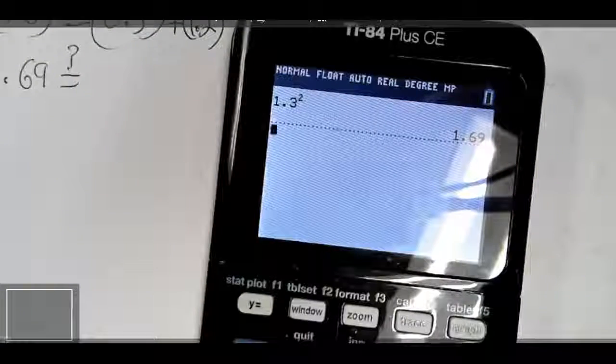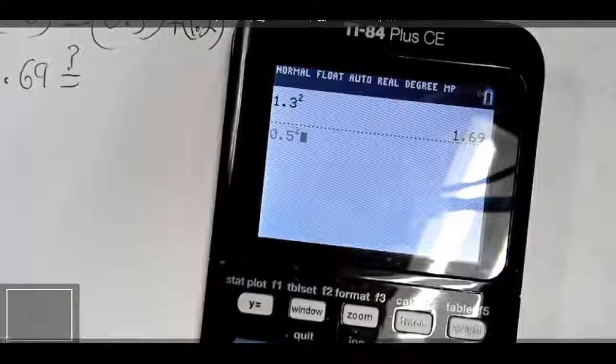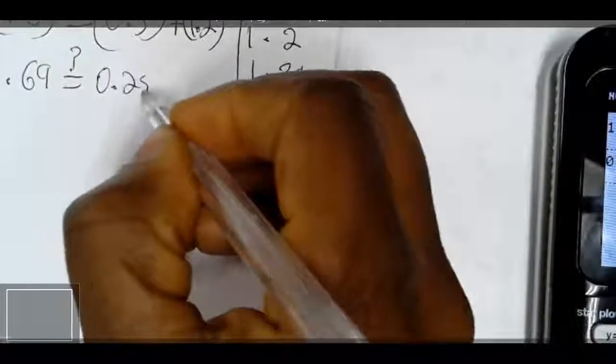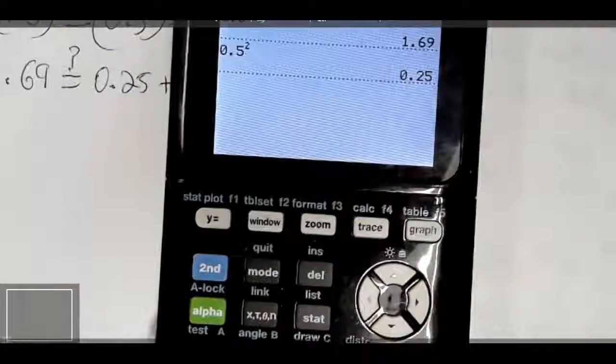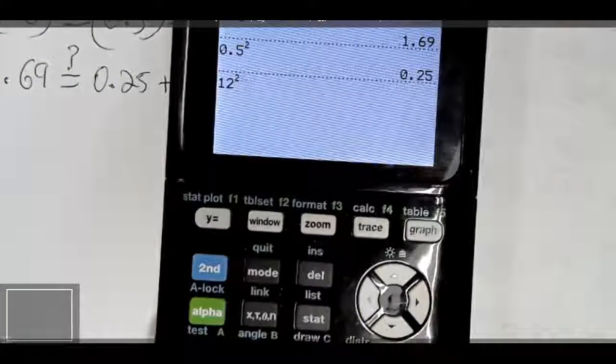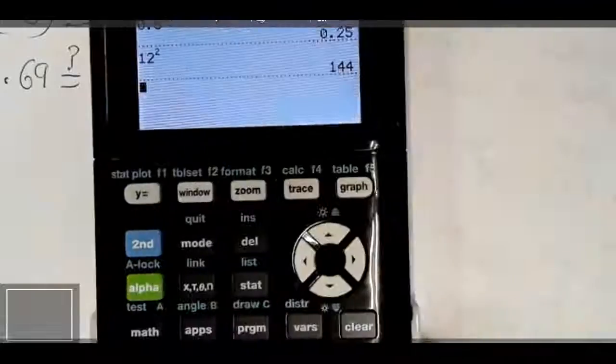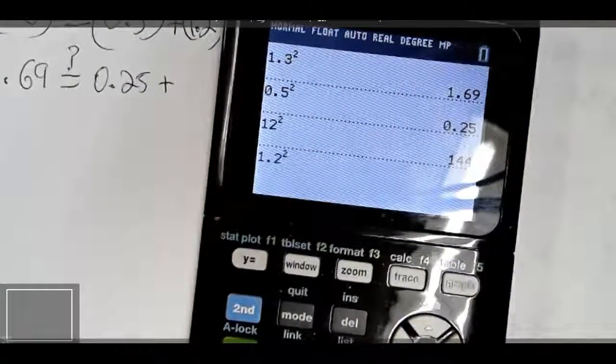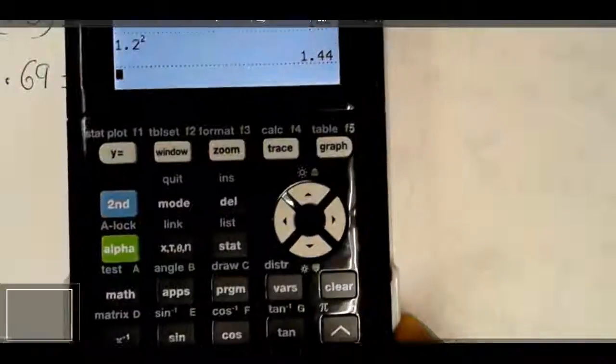Then 0.5 squared, 0.25. And then 1.2 squared. Oops, sorry, that's 1.2, not 144. Okay, 1.44.